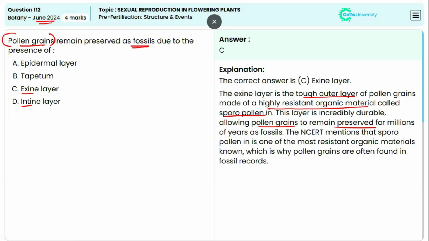As the NCERT mentions, sporopollenin is one of the most resistant organic materials known. That is why pollen grains are often found in fossil records. So, which makes option C the correct answer.